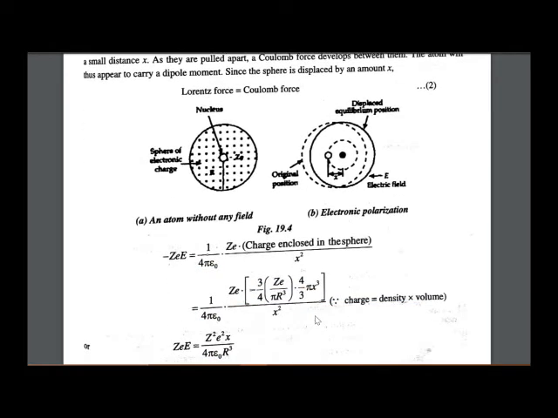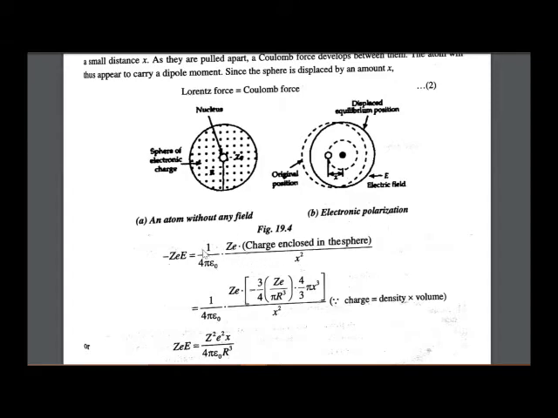So therefore, let us calculate the force. The force on the negative charge is minus Ze into E. It is equal to 1 by 4 pi epsilon naught into Ze into the charge enclosed in the sphere divided by x square. Because plus Ze is the charge of the nucleus and the charge enclosed in the sphere, it is just like writing Q1 Q2 by d square.